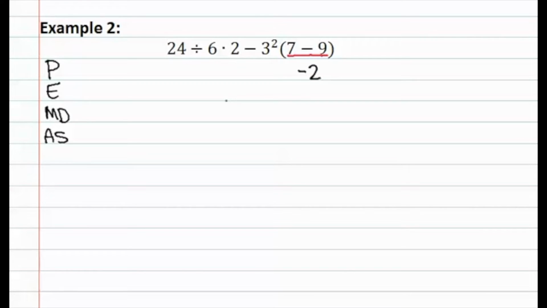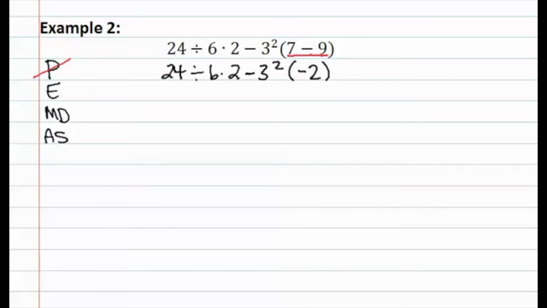Remember, we have not actually used the parentheses and therefore must carry them down. We must also bring down the rest of the problem. We have now completed the P step of PEMDAS.